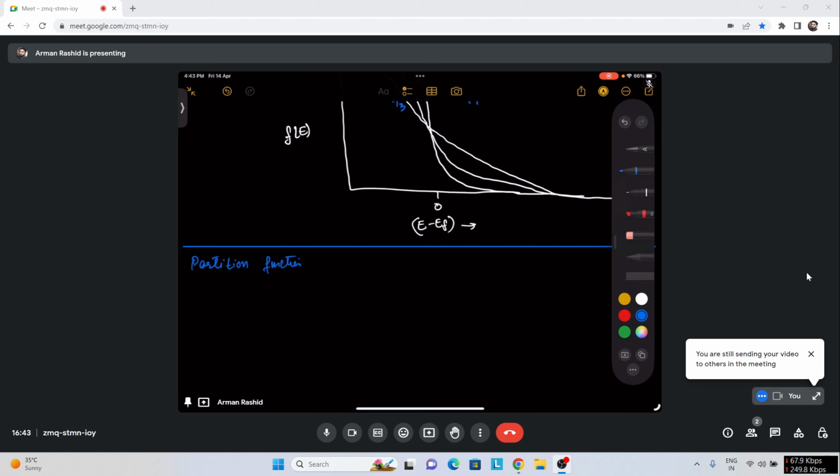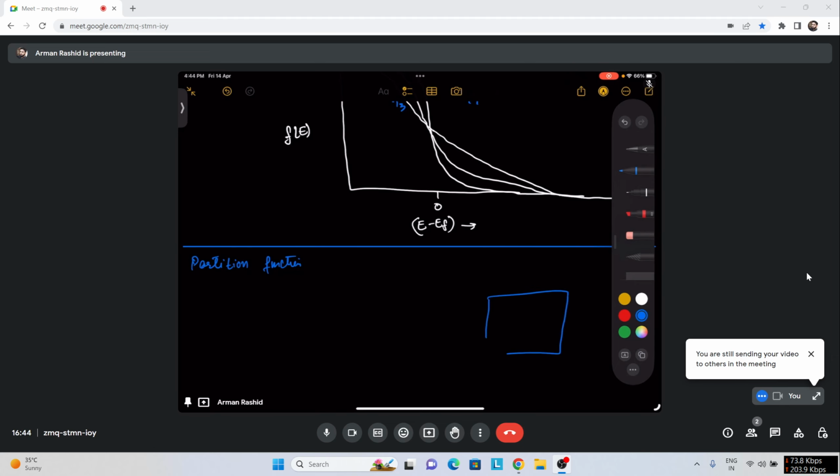So the partition function has both meaning as well as significance. So what is a partition function? We'll determine what is a canonical partition function. For example, assume a thermodynamically large system which is in thermal contact with the surroundings.